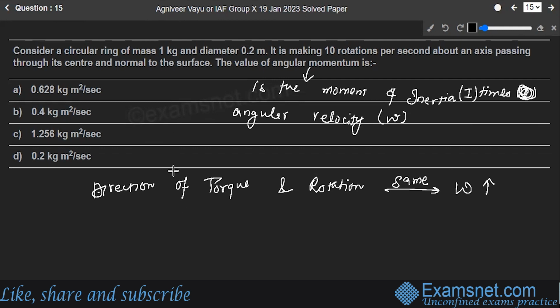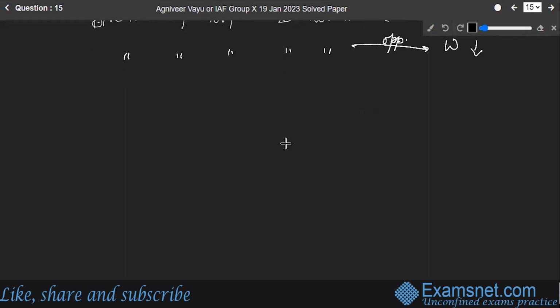And when the direction of the torque and rotation are opposite, then the angular momentum decreases. Angular momentum is a vector quantity and it is directly proportional to the torque applied to the body. Do remember this, right?